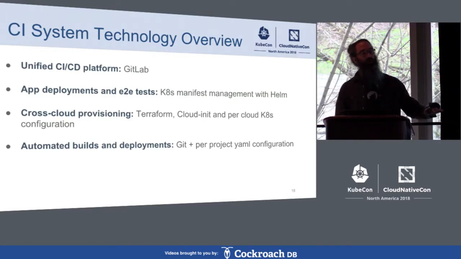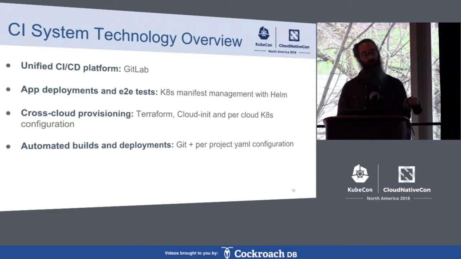Right now, underneath, we use GitLab to run different jobs of the software, like actually running the CrossCloud components and then pulling back information. Helm for both app deployments and running end-to-end tests, which we usually put in containers.